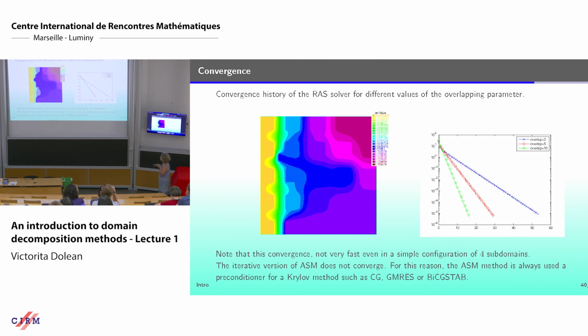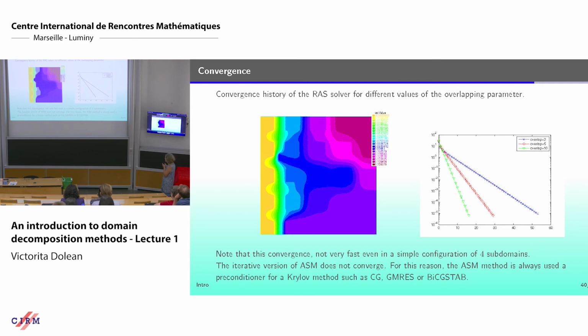I just want to solve a diffusion problem. This is a solution to some diffusion problem with some boundary conditions, right? And I just want to apply the iterative version, the Schwarz iterative algorithm. And here are convergence curves, where I plot the global residual as a function of the number of iterations, right?